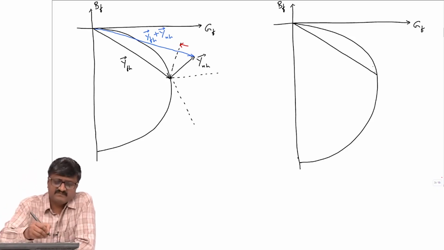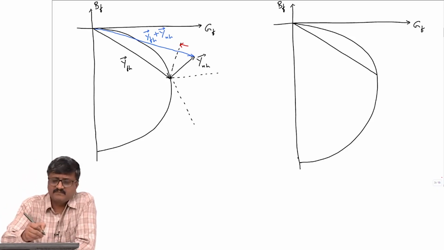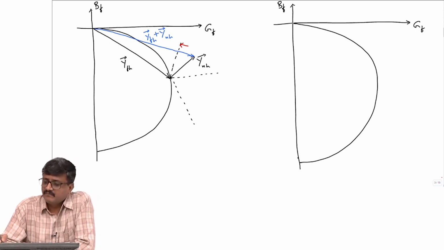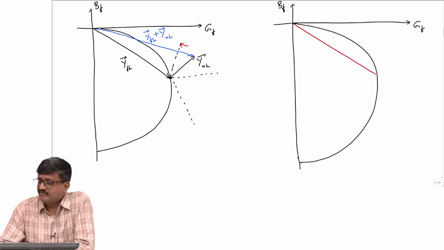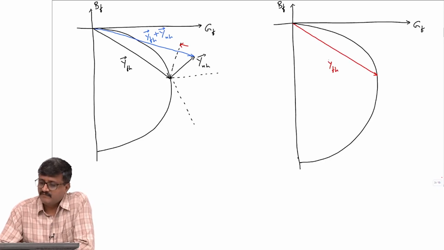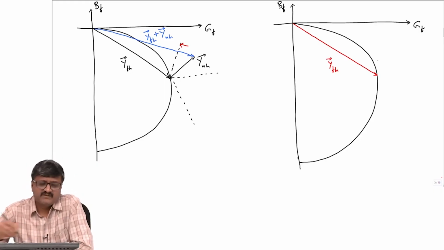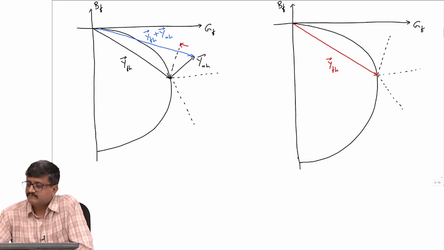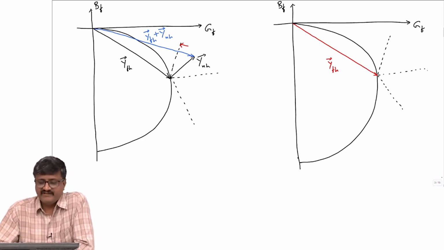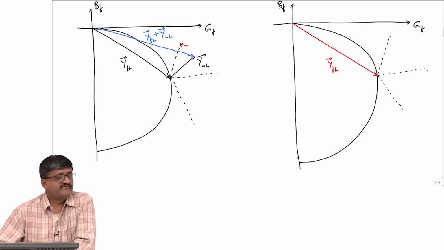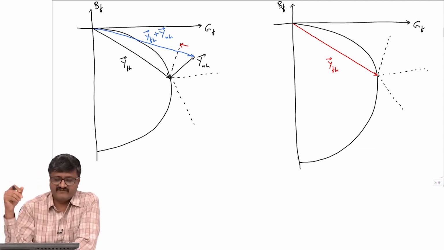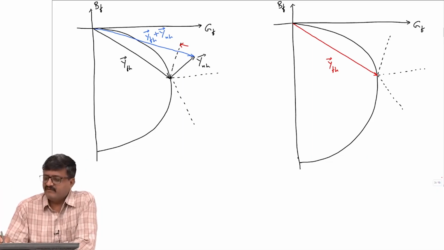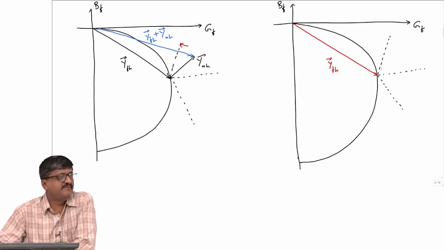So, suppose this is y of h. Now, in order to find y n h such that it results in least magnitude of y of h plus y n h, what I should do is first drop a perpendicular from the origin to the boundary which makes an angle phi m.